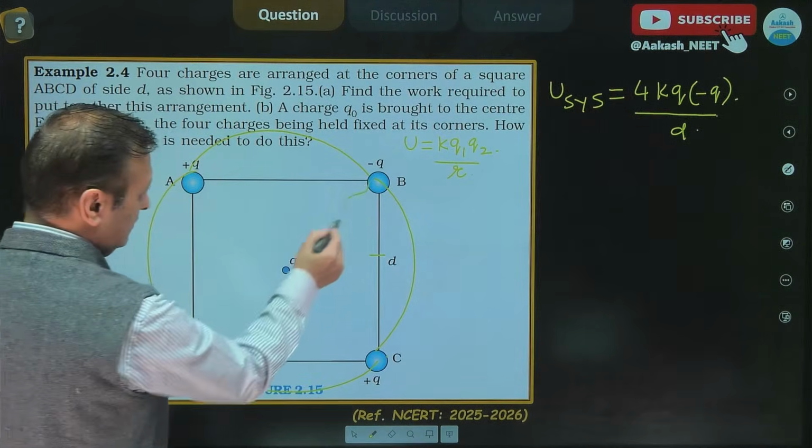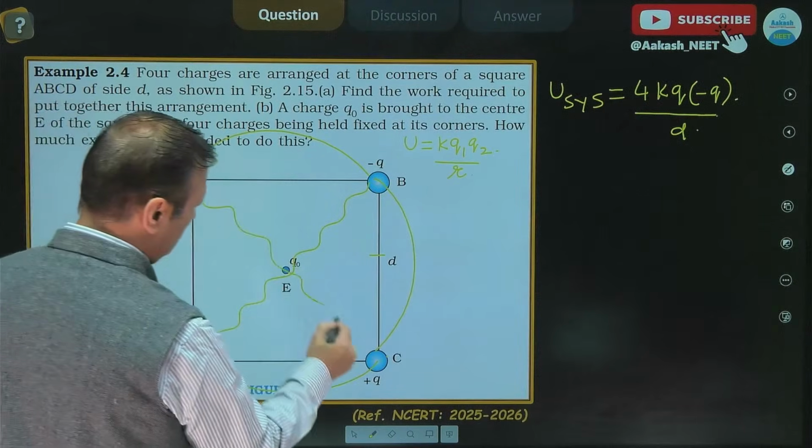Then apart from that, we have 2 more pairs like this.